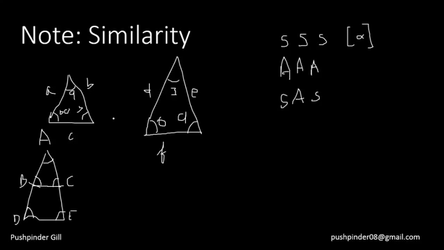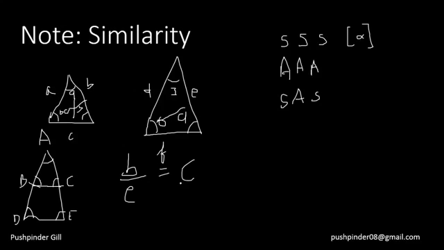How do I know that? Because all the three angles are same. Now I can say which sides would be corresponding. It's the side opposite to the same angles. What is opposite to 60 here? B. And what is opposite to 60 here? E. Similarly, what is opposite to 90 here?